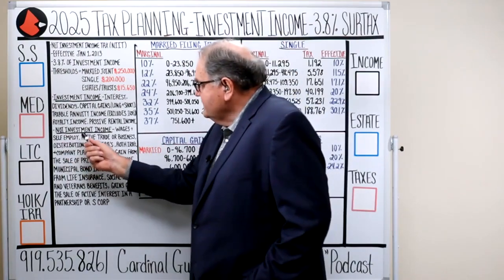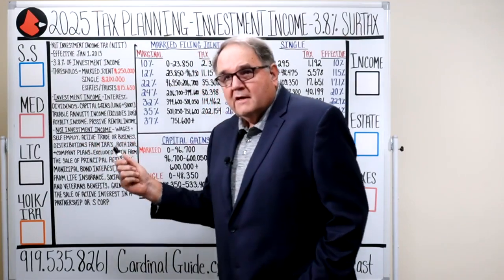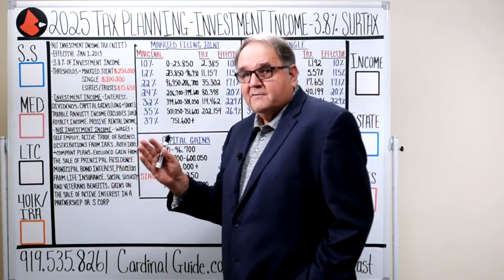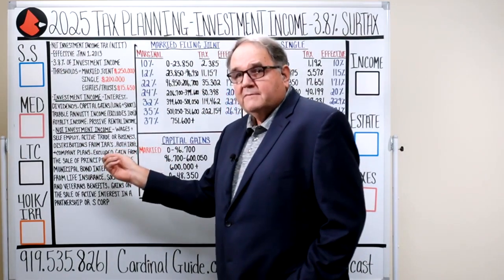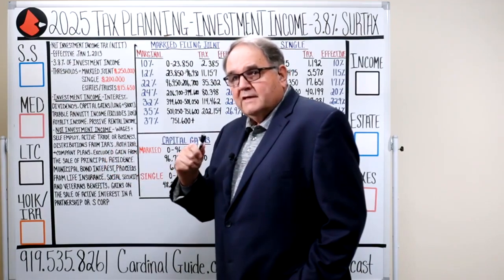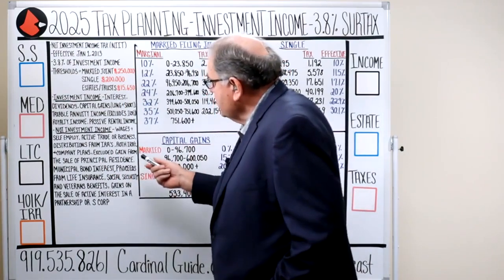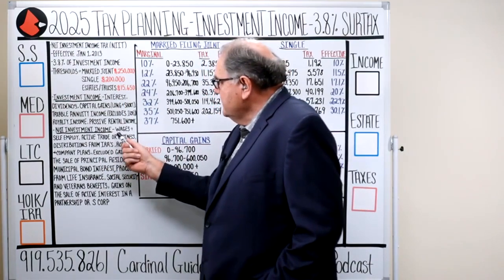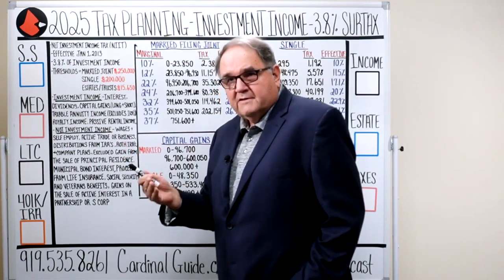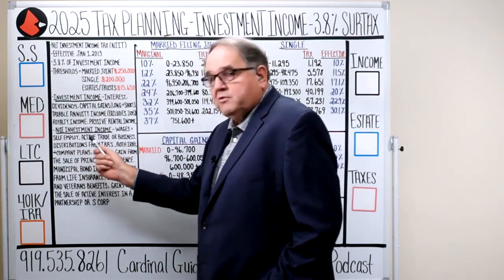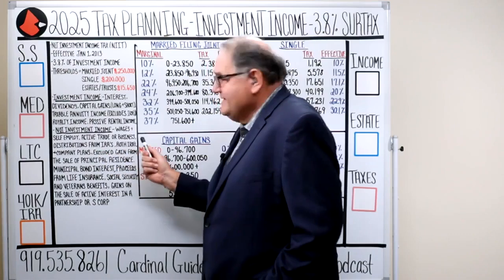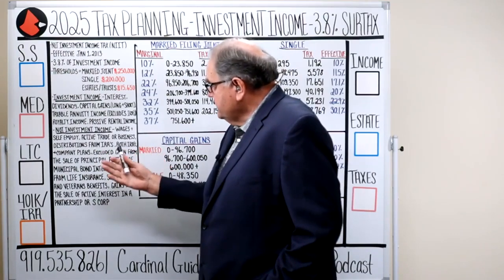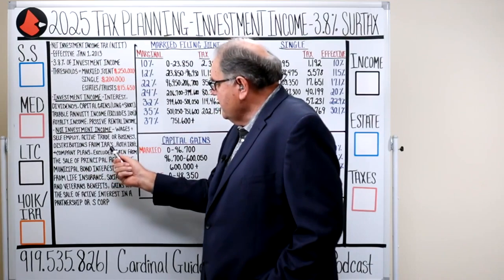Now let's talk about what is not investment income. You've got a pretty nice list here, and you say, aha, I'm good, I'm safe. Well, this stuff you don't have to pay the 3.8% on, but it counts toward meeting the threshold. Tom's going to give you an example of that. What's not investment income is wages, your W-2 income if you're working, self-employment income if you work for yourself, active trade or business where you're actually participating, and distributions from IRAs.